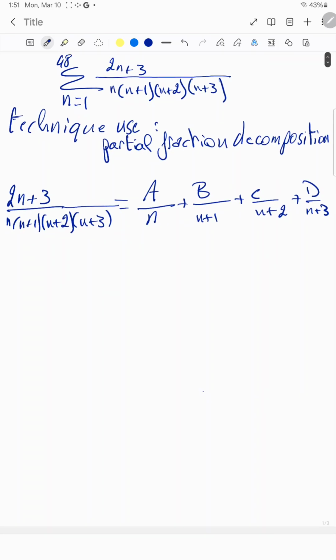Just to give you a hint on how to do partial fraction decomposition, if the degree of the variable is 1, like n to the power of 1, I can put a, b, c, d in the numerator, and then in the denominator I put each entity of my denominator apart. If I have, let's say, n squared plus 1, in my denominator to the second power, instead of putting a, I will put an + b in that case, because my variable is n.